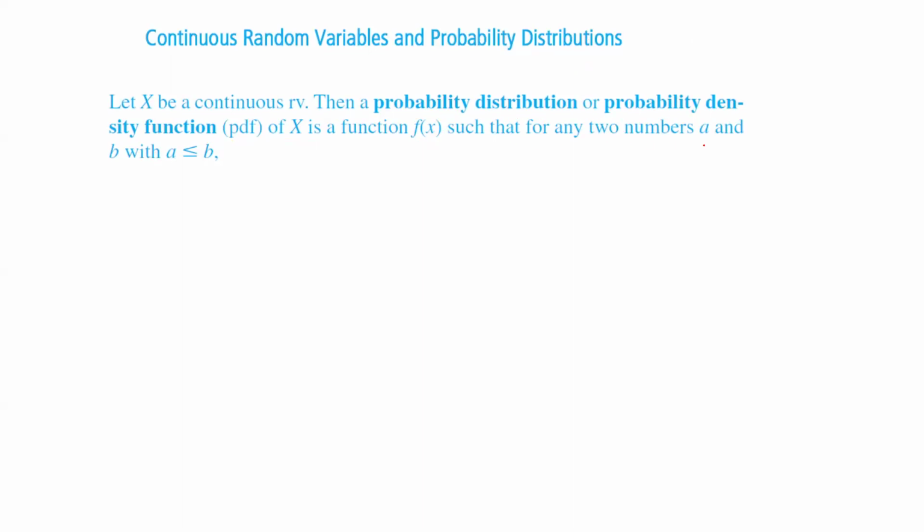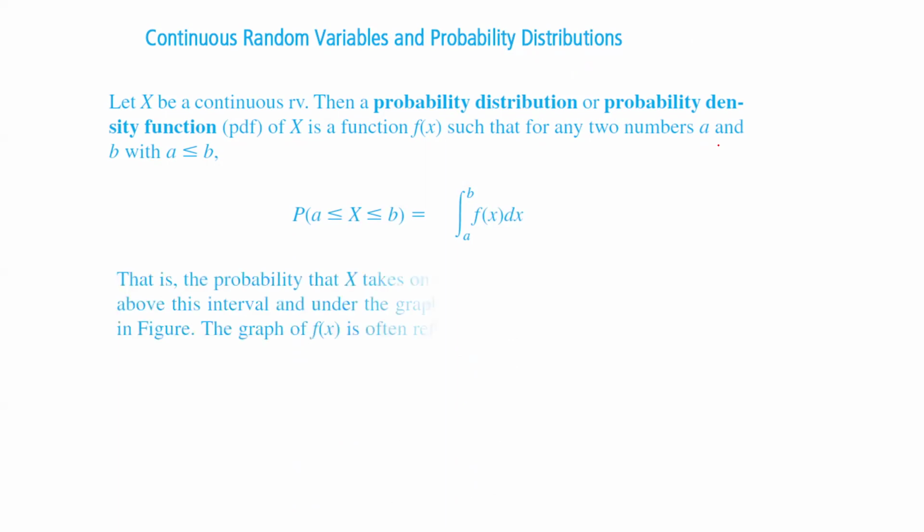that for any two numbers A and B, when A is less than or equal to B, the probability that X is bounded between A and B inclusive is the definite integral from A to B of f of X dx.